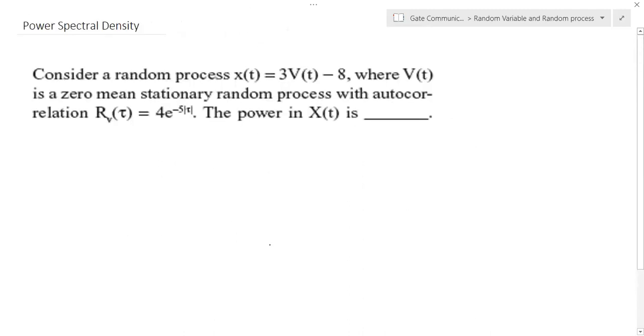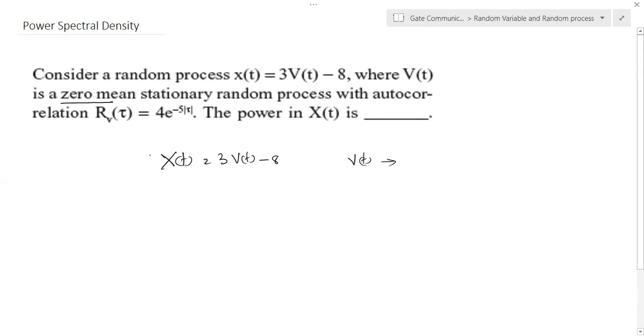Now we can approach this particular question. Consider random process x of t is given by 3 v of t minus 8, where it is given v of t is again a zero mean stationary random process with autocorrelation function.